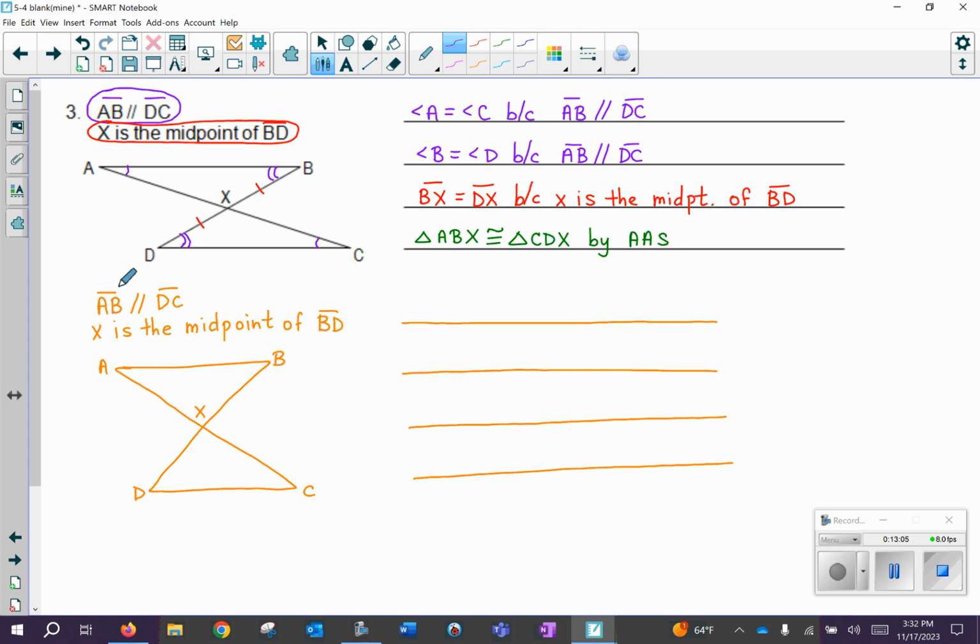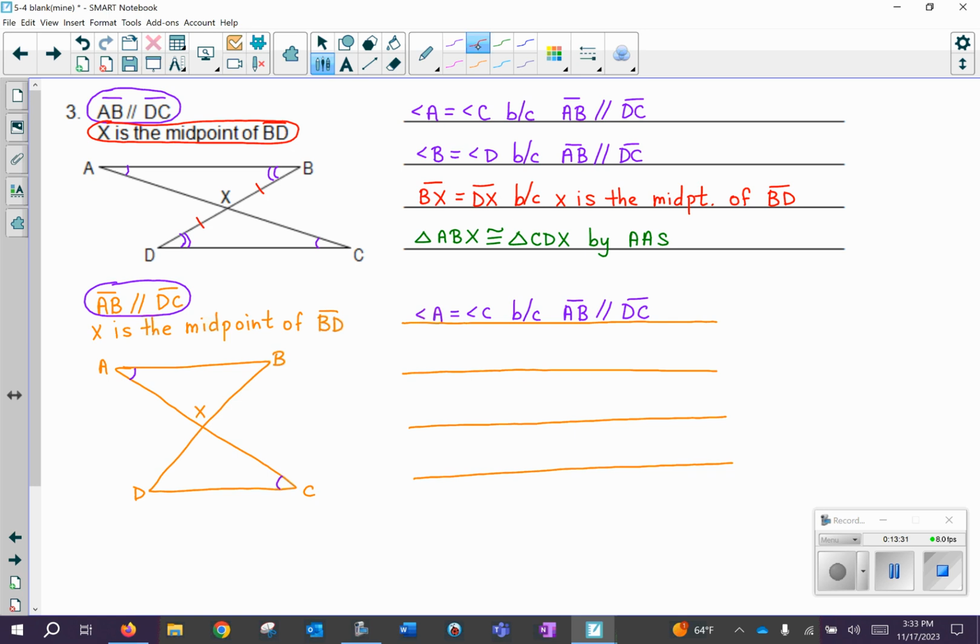I'll do my color coding again just to show you what I mean. Let's say this was the piece of information you're given, but you only saw the backwards Z, right? It could have been the backwards or the forwards, but let's just go with this one. And so you come over here and you say angle A equals angle C because segment AB is parallel to segment DC. And let's say you moved on, right?